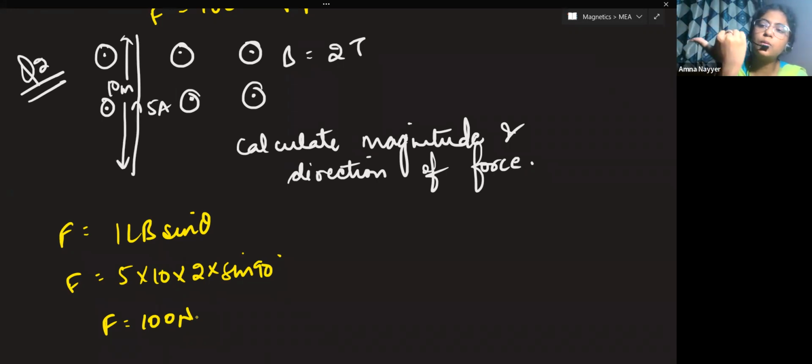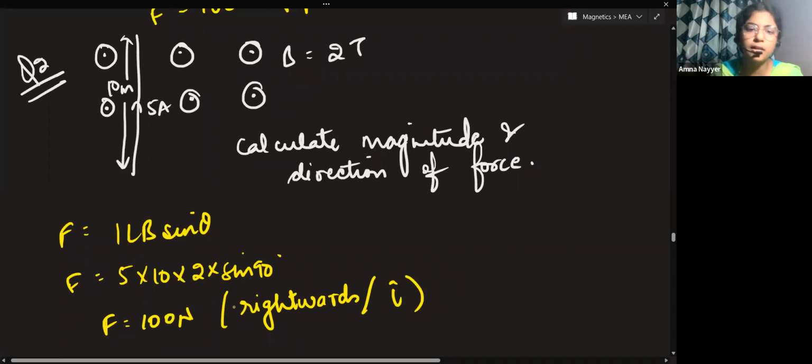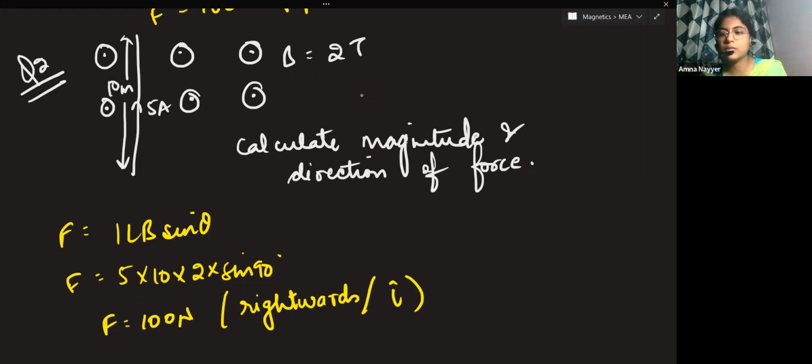So if I curl it outwards, this is leading towards the right hand side. Right hand side means what? Either you can put it as rightwards, or you can write it as i cap. Any of it, the answer would be correct. Quickly note it down. Then we'll start with force between two long parallel wires, current carrying conductors. This was the correction here.